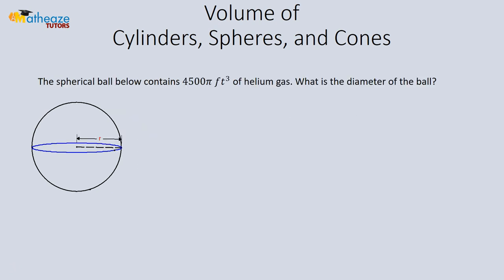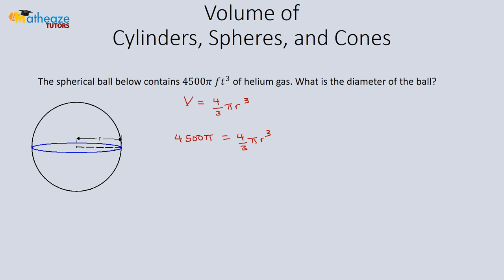So the spherical ball below contains 4,500 pi cubic feet of helium gas. What is the diameter of the ball? So we go this way. Volume first, 4/3 pi r cubed. So this is 4500 pi is equal to 4/3 pi r cubed.